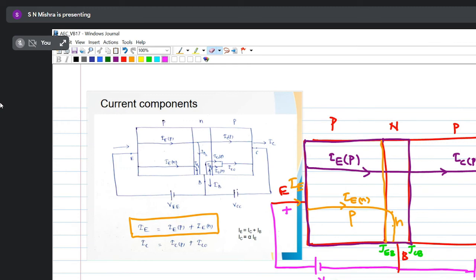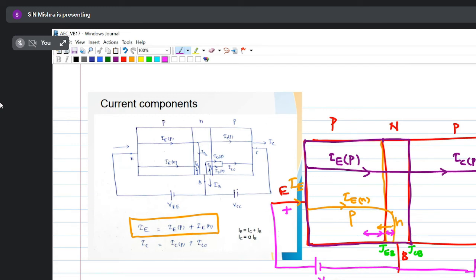Now, the electron is moving from here to here. Let us take the electron moving like this. So it has covered some portion in the base region and some portion in the emitter region. While covering the distance in the base region, it will have some current, and while covering some distance in the emitter region, that will also have some current.